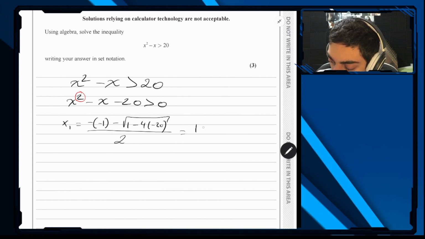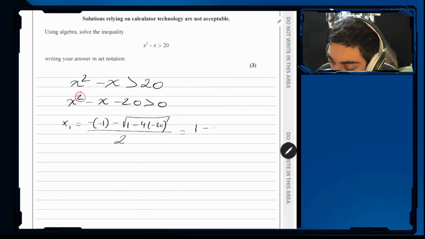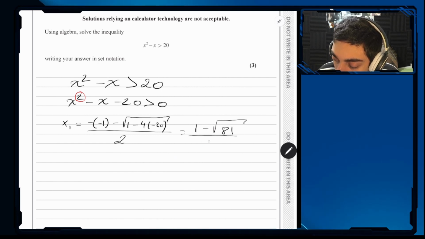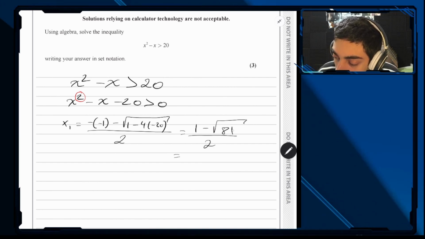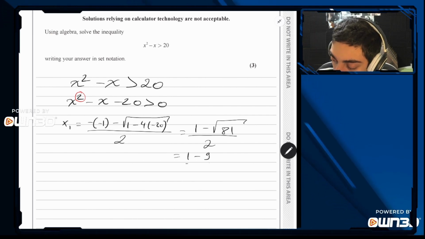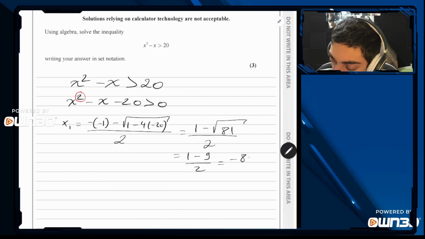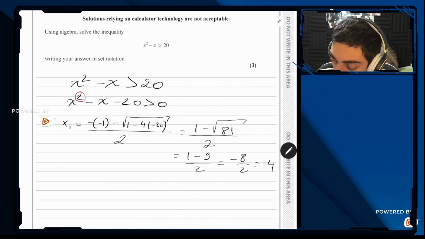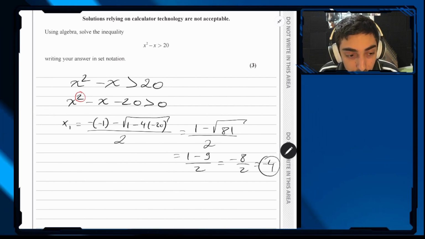So this is 1 minus the square root of 1 plus 80, this is 81, divided by 2. What is the square root of 81? That's 9. 1 minus 9 divided by 2. This is negative 8 over 2. This is negative 4. So that's our first solution.